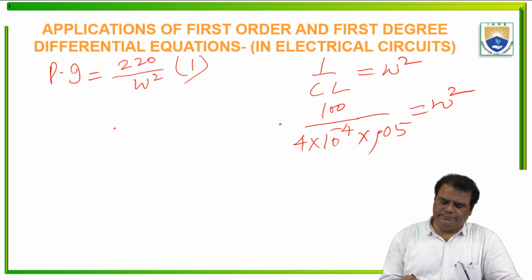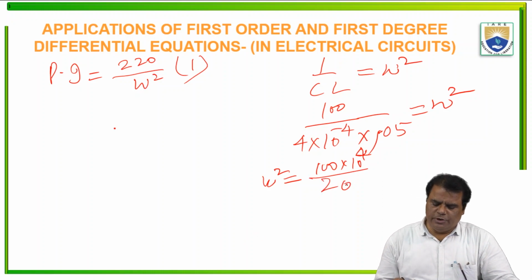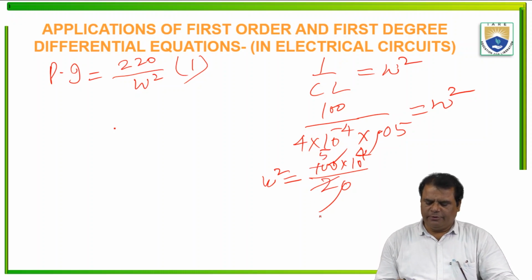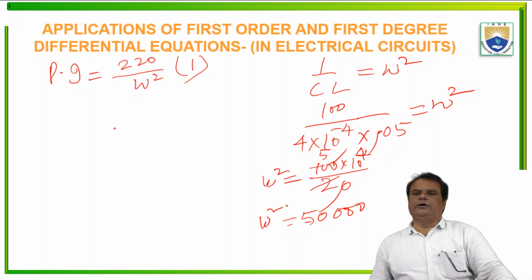So w square is 100 into 10 to the power 4 upon 20, which is 50,000. This is the value of w square, 50,000.